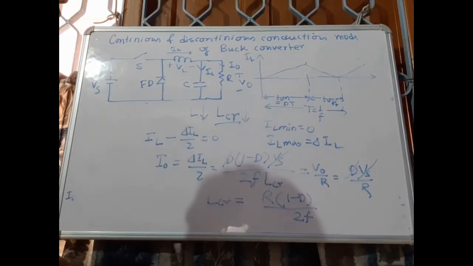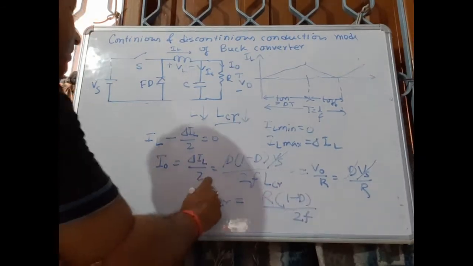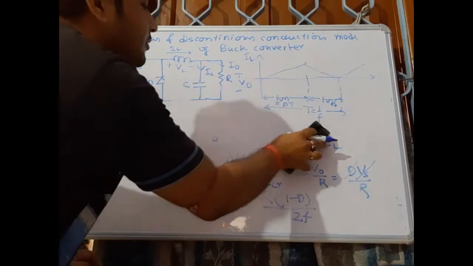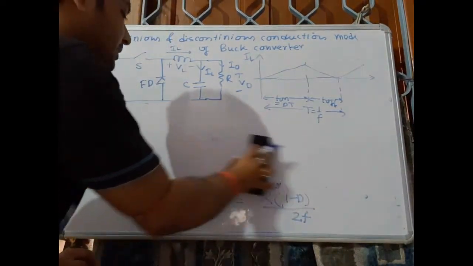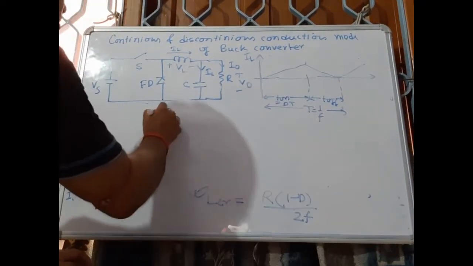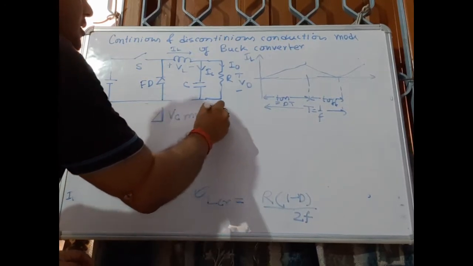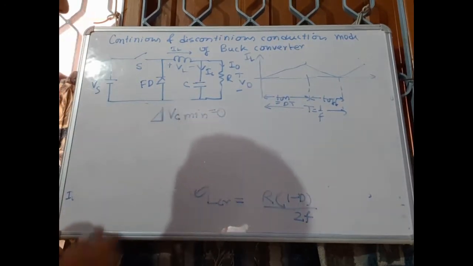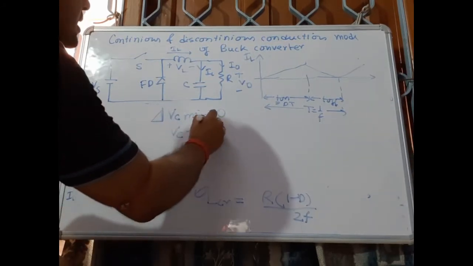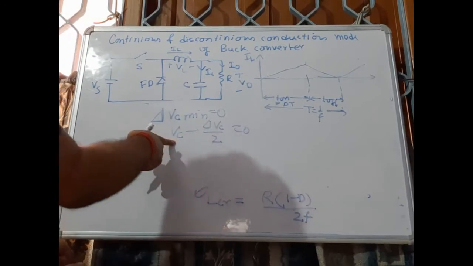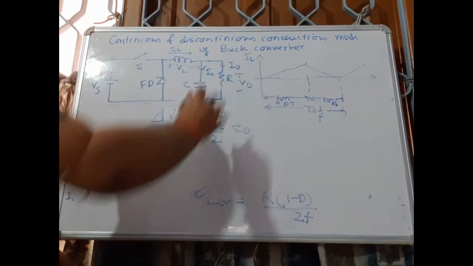Now this is very important. If I want to obtain the value of the critical capacitor, here also delta Vc minimum is equal to 0, and this is Vc minus delta Vc divided by 2 equal to 0, and Vc is actually V naught.